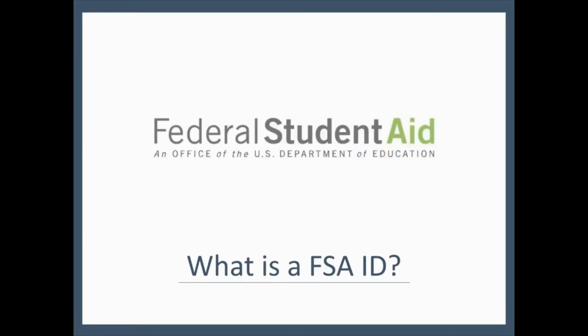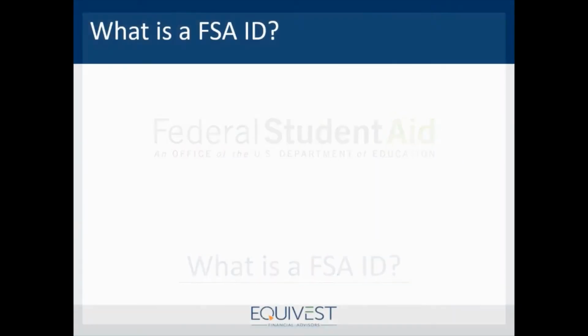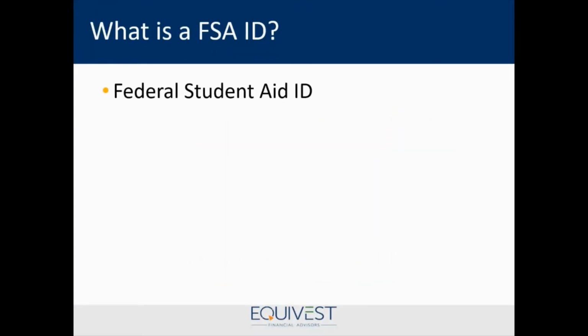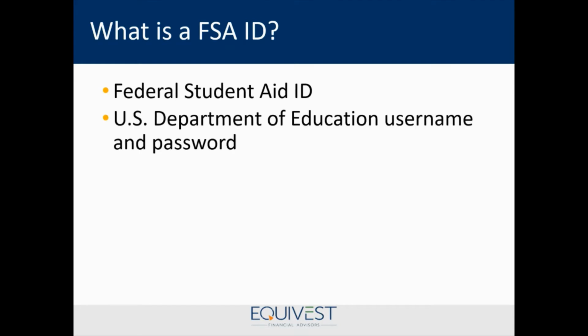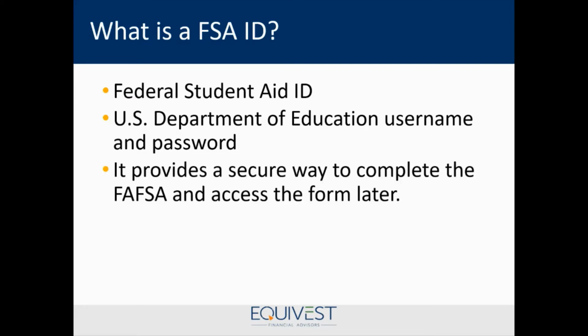So what is your FSA ID exactly? Well, FSA ID simply stands for your Federal Student Aid ID. It's your username and password combination to be able to access the U.S. Department of Education website. You need your FSA ID not only to complete the FAFSA application, but also to be able to access it at a later date.